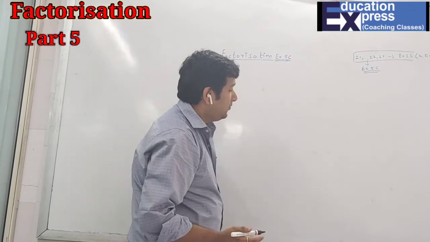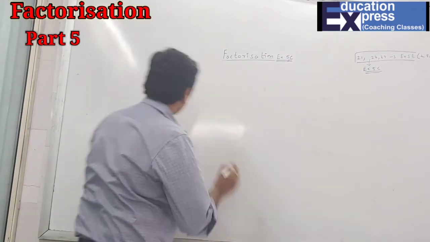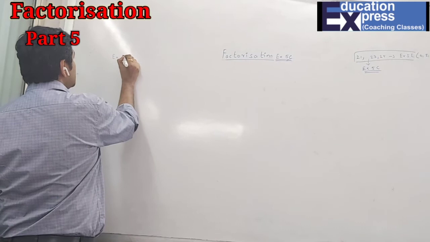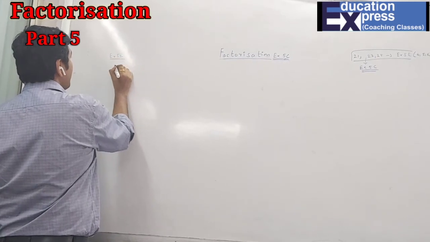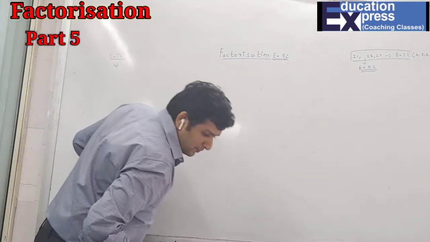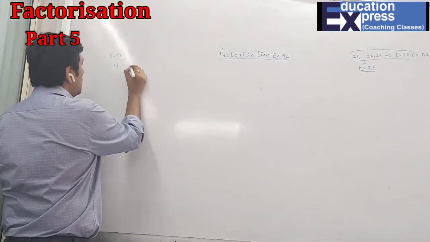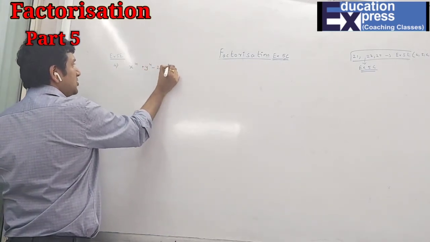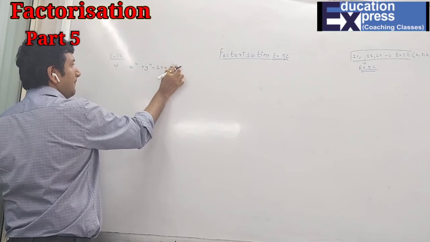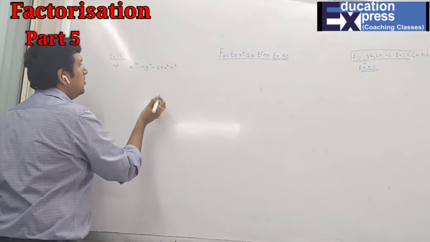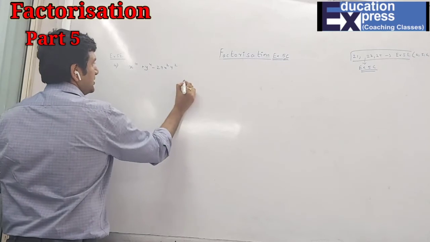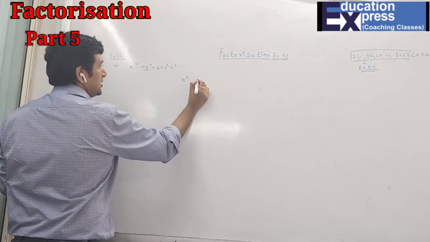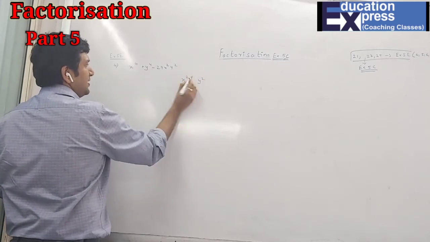Exercise 5E, fourth sum. Same to same concept, students. x raised to 4 plus y raised to 4 minus 27x square y square. So now obviously this number is a square, for x square, this is y square, and the number doesn't have a negative square.